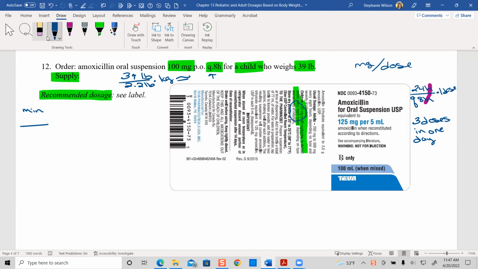And it's important that we're careful with our rounding because we want it to be safe for that patient. So I'm going to put in my needed conversion so I can get it in kilograms.